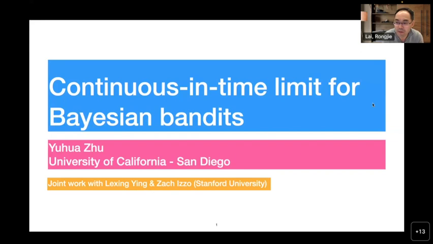Her work mainly focuses on the interface of PDE and machine learning, including using PDE to provide a theoretical interpretation of existing stochastic optimization algorithms and reinforcement learning algorithms, and also using numerical techniques to improve machine learning algorithms. Today, Yuhua is going to tell us about a continuous-in-time limit for Bayesian bandits.